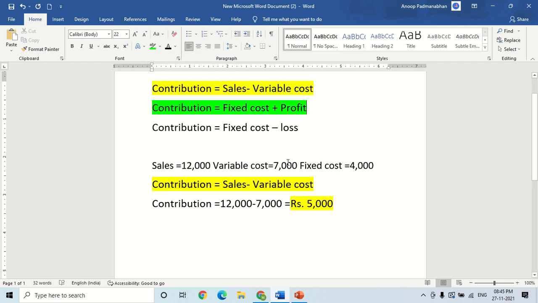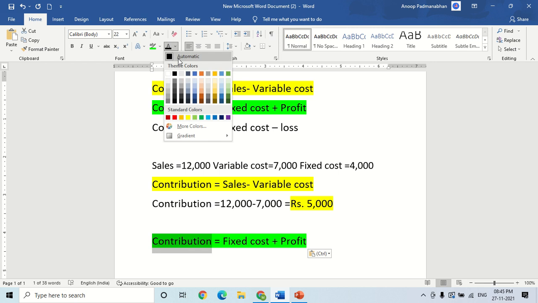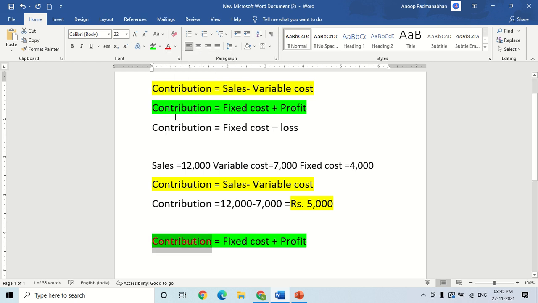So I'm going to pick the second equation for the calculation of profit. I will copy down that equation. Now I will tell you which items are available in the question. The first item is contribution, which we have just calculated. How much did we calculate? 5,000. So I know that figure.